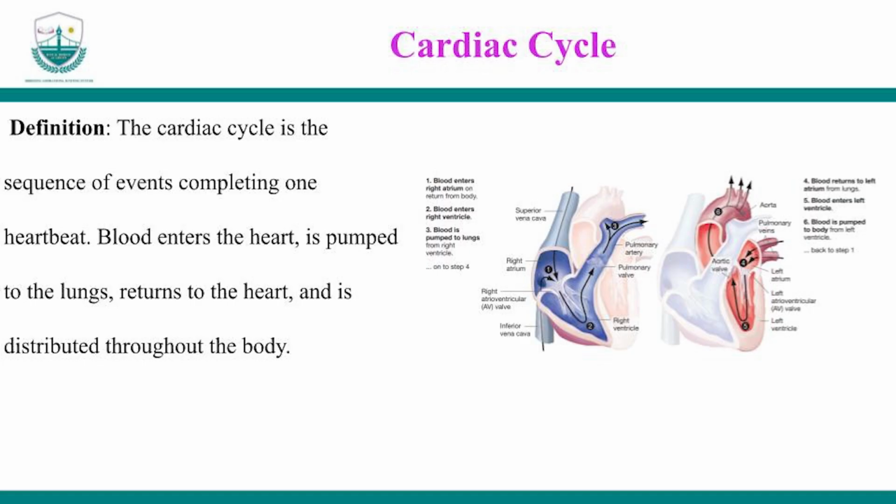So here we are. The blood basically comes to the heart from the rest of the body parts through the superior vena cava. And this is basically systemic circulation.